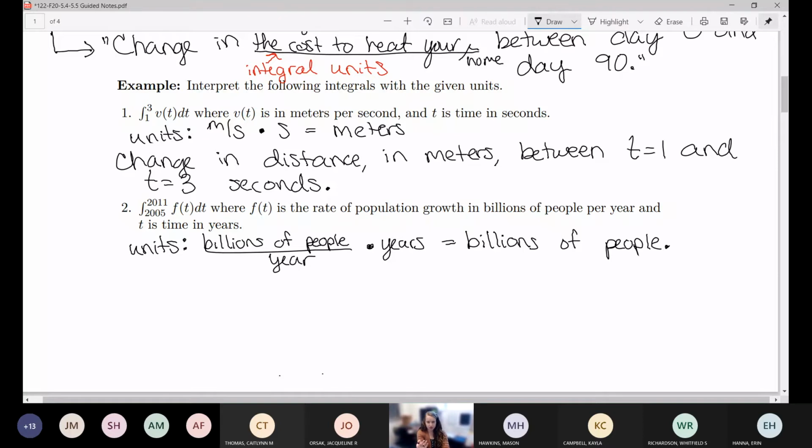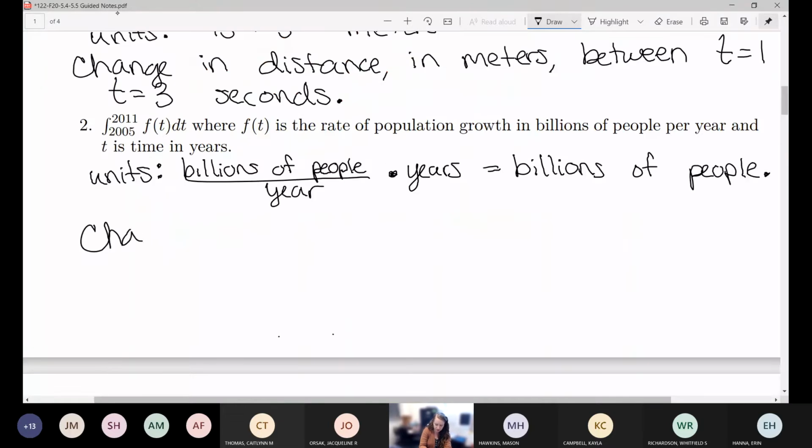I'm going to use the cookie cutter way again. So a change in, now technically we're talking about a population here. So we're talking about a change in population in billions of people. So this would be a change in population. Well, that looks weird.